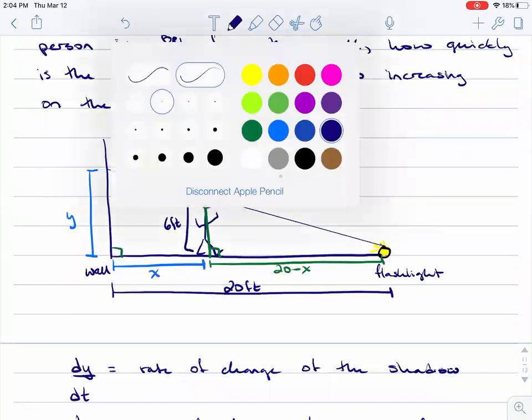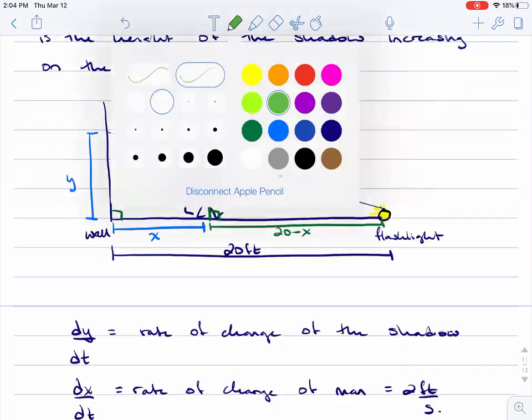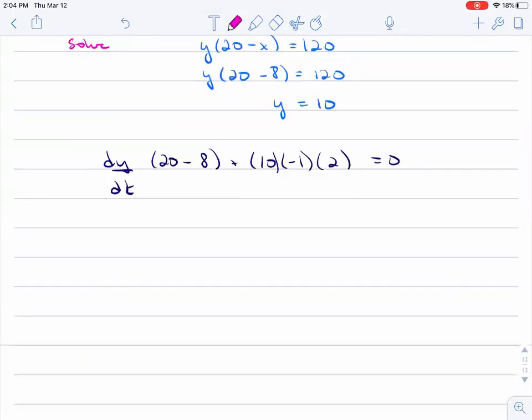So he's walking this way, and dx dt is positive because x is increasing as we move out this way. It should be positive, which it is, so that's good.